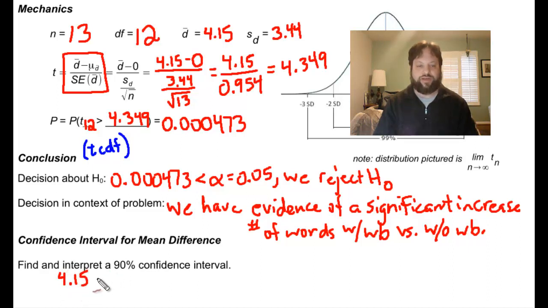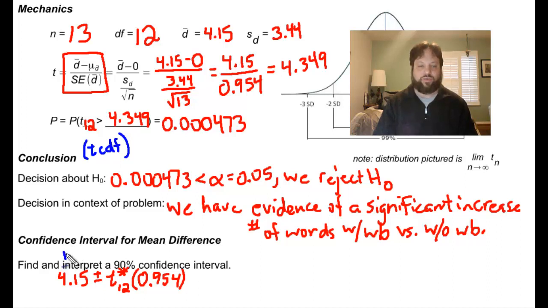And we're going to add and subtract our critical value, which is our t-star with 12 degrees of freedom, multiplied by our standard error. Our standard error we already found to be 0.954, up here. So the only thing we need to do is find that t-star.